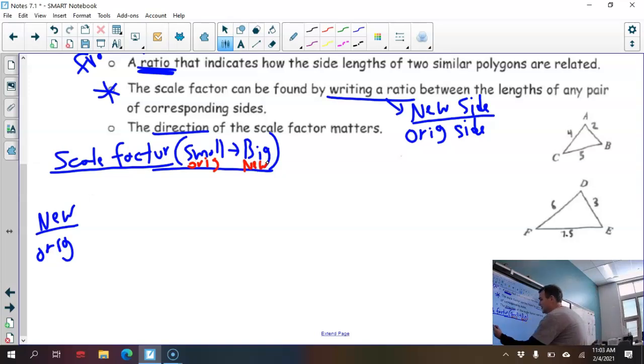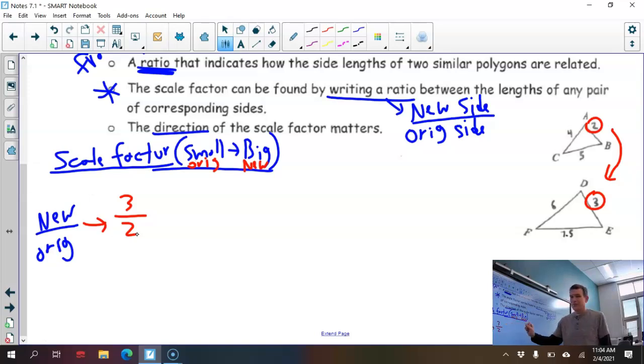So all I'm going to do is take two corresponding sides, say the 2 and the 3. Since my scale is going from the small one to the big one, the small one is my original, the big one is my new, so the scale factor would be 3 over 2.